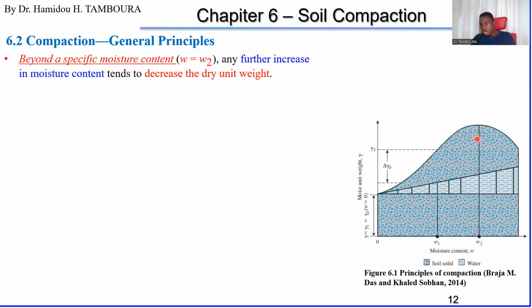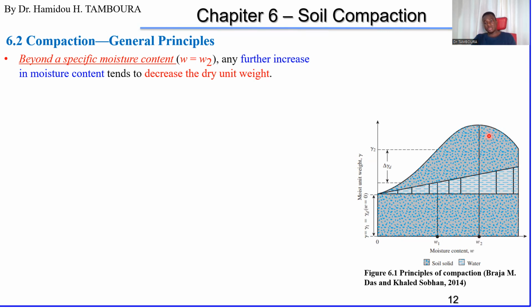If you go above this line, you will lose something. You will lose the effectiveness of the compaction. There is a term for that, but maybe I was trying to avoid saying it first: degree of compaction.